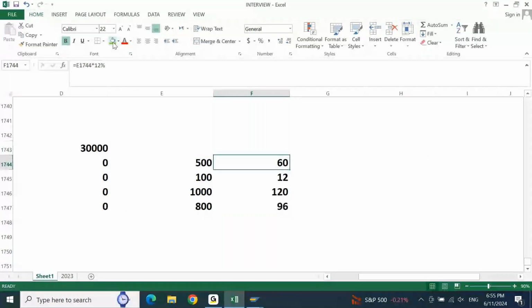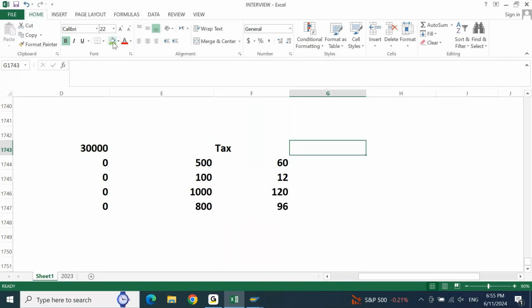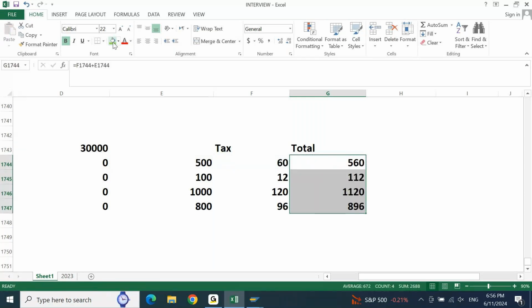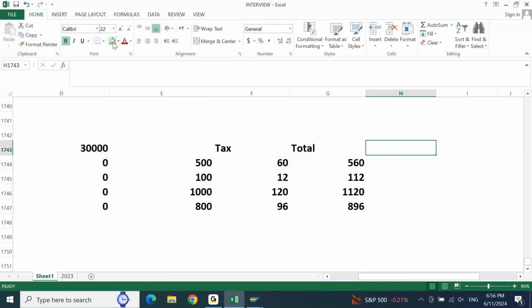Now, after the tax amount, 500 plus 60, what will be the amount? 560. This plus this becomes 560. If I drag it, this is what it is becoming. Now, when I give a discount here to my customer, what is my discount?